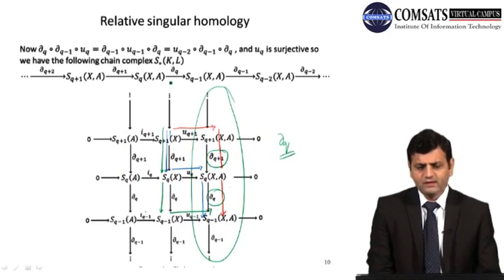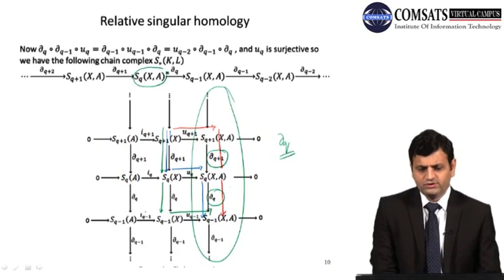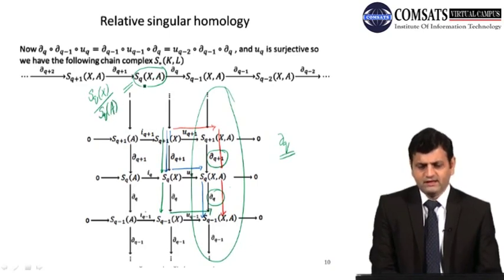Now let's see once again why this is a chain complex. It's a doubly infinite sequence, so the first condition is satisfied. These are quotient modules, so remember that this is equal to q-chains of X modulo q-chains of A. So that's why we can say that it's a module again. So these are all modules. Next we have these boundary maps.